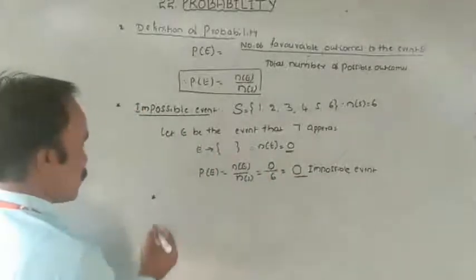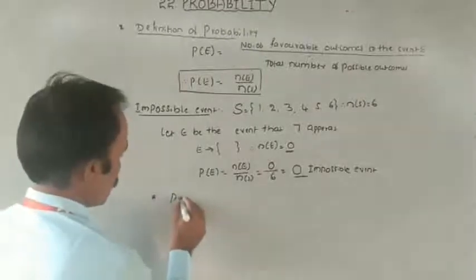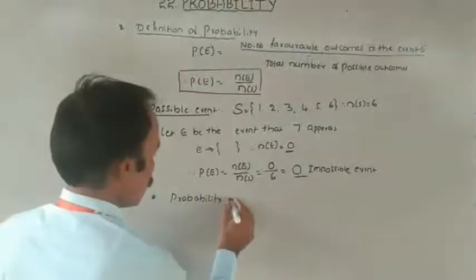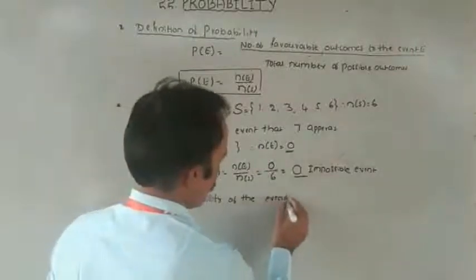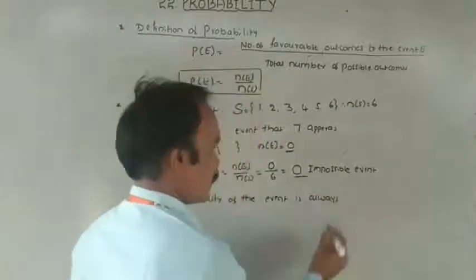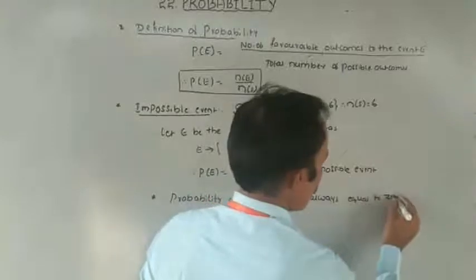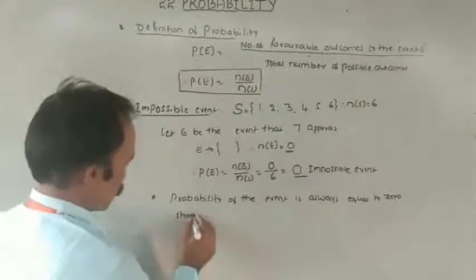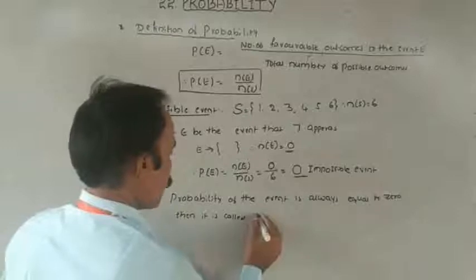Let's note down the definition. If the probability of the event is always equal to 0, then it is called an impossible event.